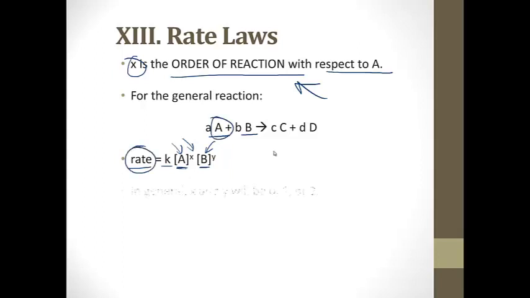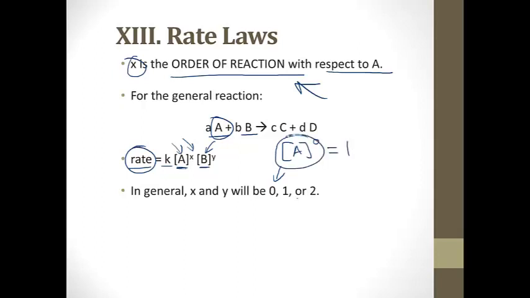Is x going to be equal to 0? That means concentration of A to the 0 would just be equal to 1. That means A had no effect on the rate. If x was equal to 1, that means whatever I did to A, if I doubled it, the rate would also double.